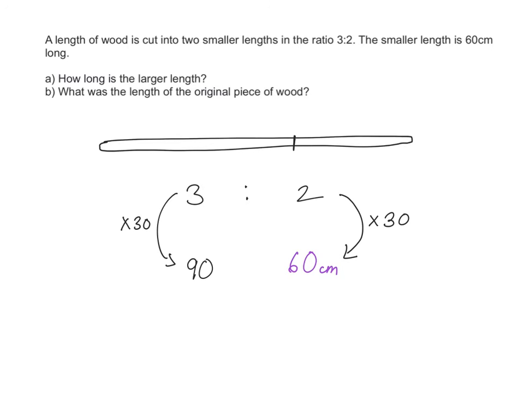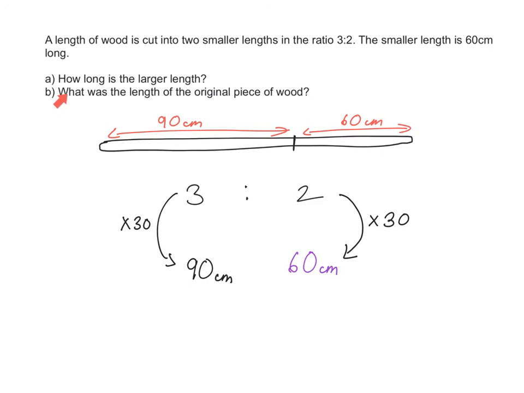So then the larger length will be 90 centimeters, and that's your answer to part A. So now we know that this part is 60 centimeters and the other part is 90 centimeters. So let's write this down.